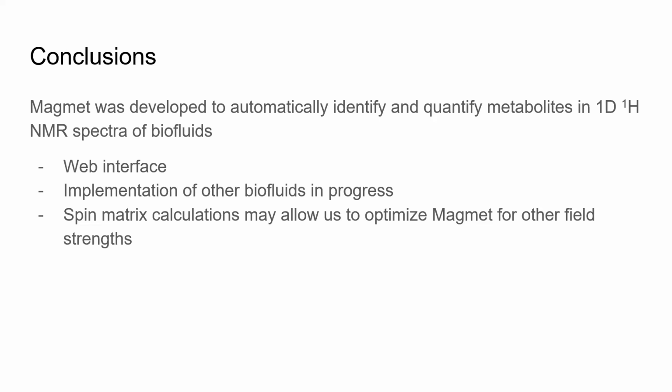And we've also been playing with spin matrix calculations and generating simulated data that might help us optimize Magmet for field strengths other than our 700 and our older 500 and 600 data. So for example, 800 megahertz, which is another common field strength for NMR. And yeah, I guess that's the end of my presentation then.